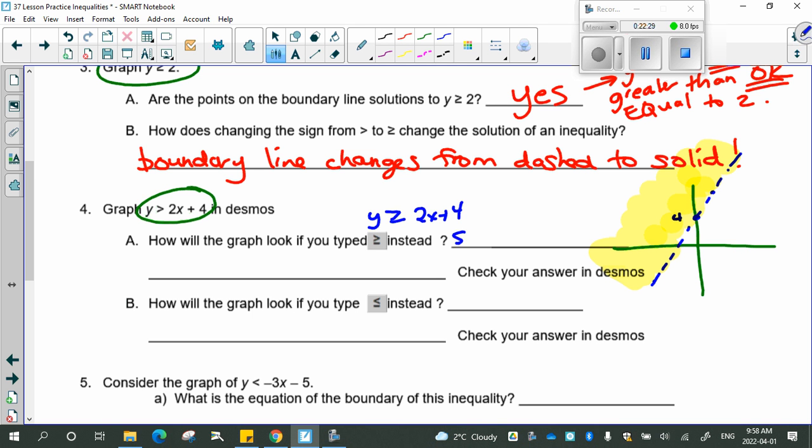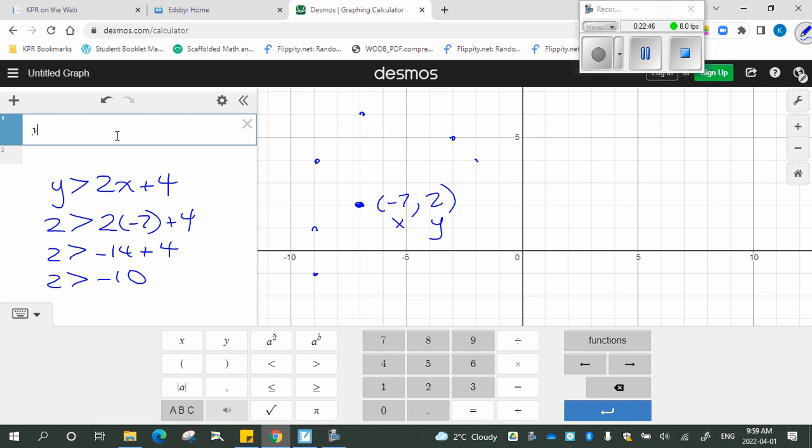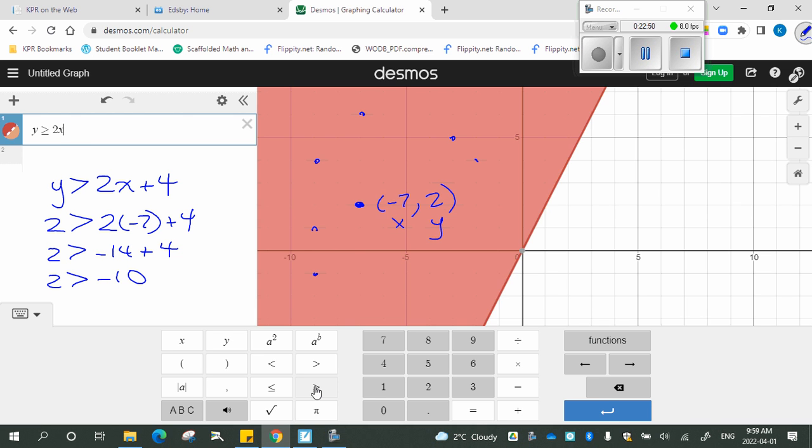Yep, solid boundary line. Check your answer in Desmos. So greater than or equal to 2x plus 4. Yep, that's the only thing that changed, a solid boundary line.